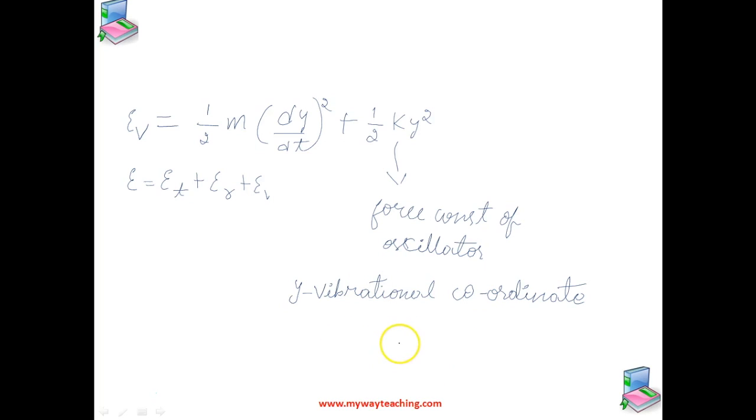Here that vibrational energy term contains square terms of vibrational variables of motion, that is y and dy by dt, isn't it? You can see here it contains these square terms.